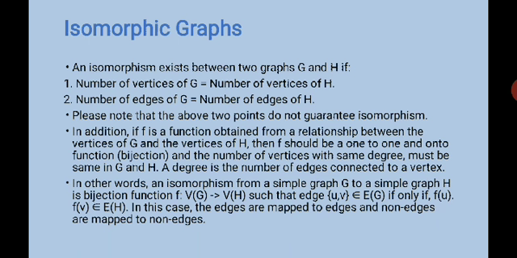So you can do a one-to-one mapping, or you can do an onto mapping. If you are seeing u in one graph, then you see which corresponding vertex or which edge you are seeing in the other. So vertex corresponds to vertex and edge corresponds to edge. This is how you see it.